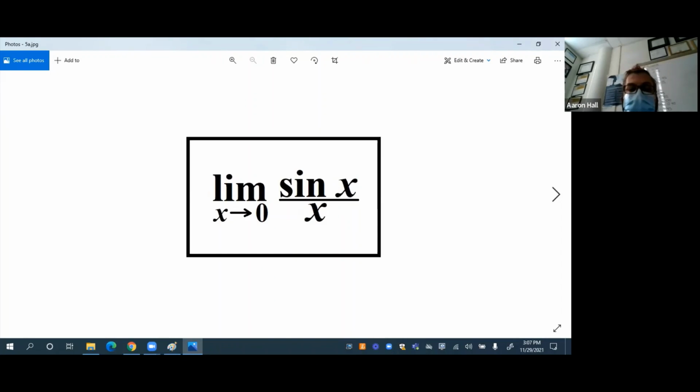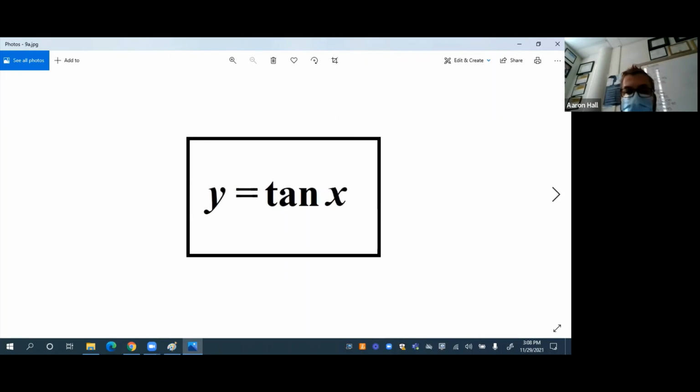Nice. Okay, next one. What is the limit as x approaches 0 of sine of x over x? It's 1. Good. What is the derivative of tangent of x? Secant squared of x. Good. What is the derivative of the inverse of cosine of x? Yep, it's negative because it's a cofunction, so negative 1 over the square root of what? 1 minus x squared.